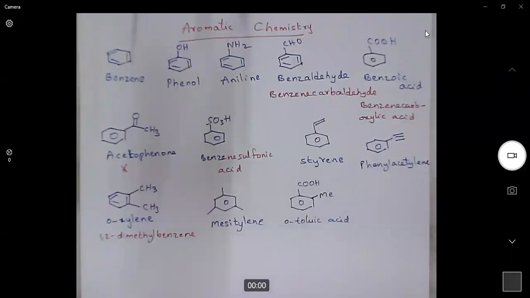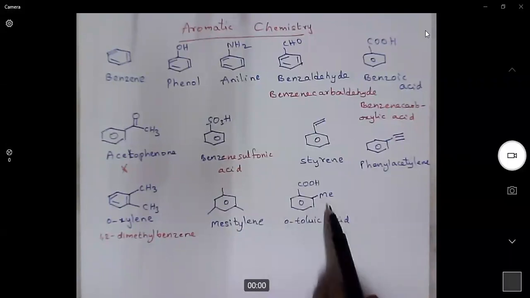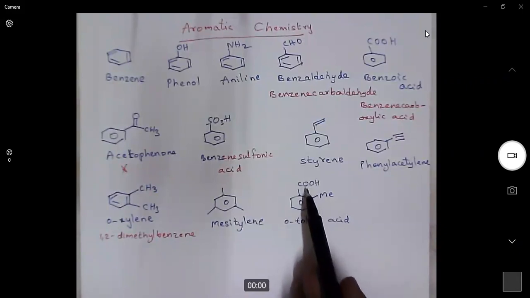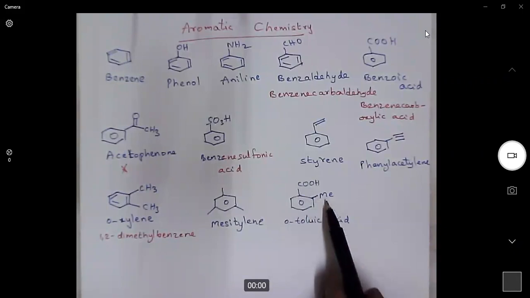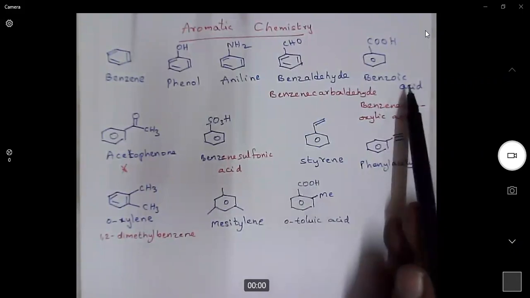Now, what is its IUPAC nomenclature? In the IUPAC nomenclature, carboxylic acid takes the first preference over alkanes. So with the carboxylic acid, the parent name is formed, and methyl is a substituent. What is the nomenclature with benzene, with carboxylic acid? It is benzoic acid.